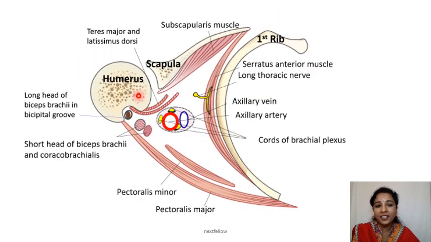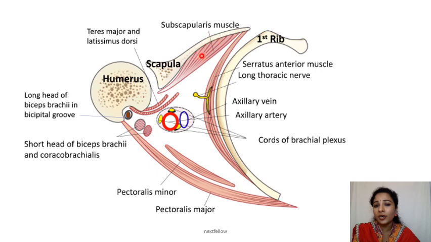Here is the schematic image showing the cross section of the axilla. So this is the lateral side where we can appreciate the shaft of the humerus. Medially the first rib, which is covered by the serratus anterior muscle, and posteriorly the thin bone, which is the scapula. This is the medial end of the scapula, where we can see the insertion of serratus anterior to the medial border of the scapula.